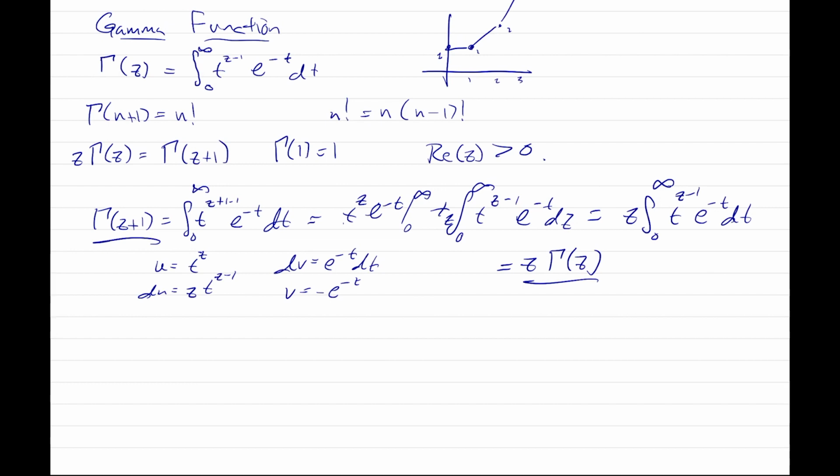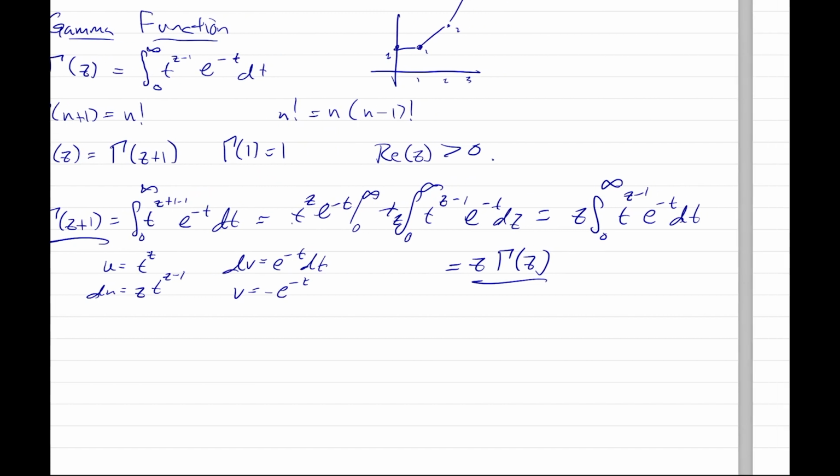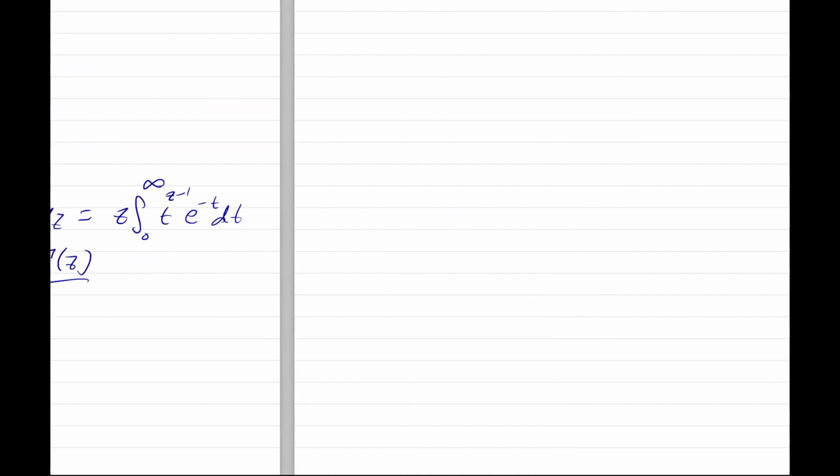Right, so we're done. Barring those silly little mistakes I made in the middle, that's how you do it. And so now we have demonstrated a nice interpolation of the factorial. You can demonstrate that gamma of 1 is equal to 1. That's just a simple integral of e to the minus t. Okay, so let's go to the next.